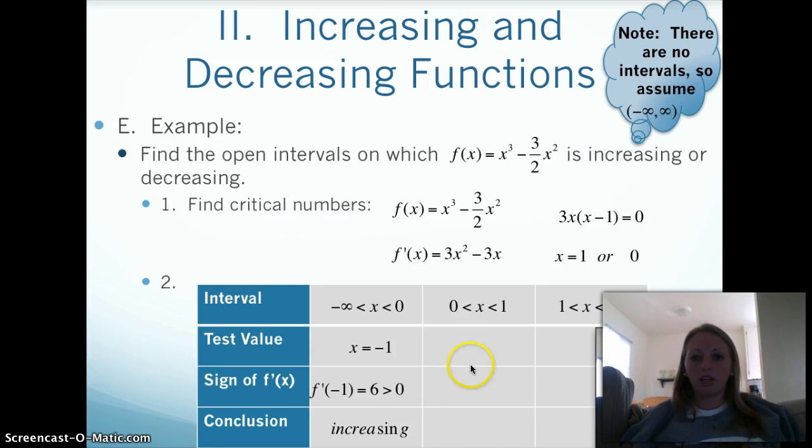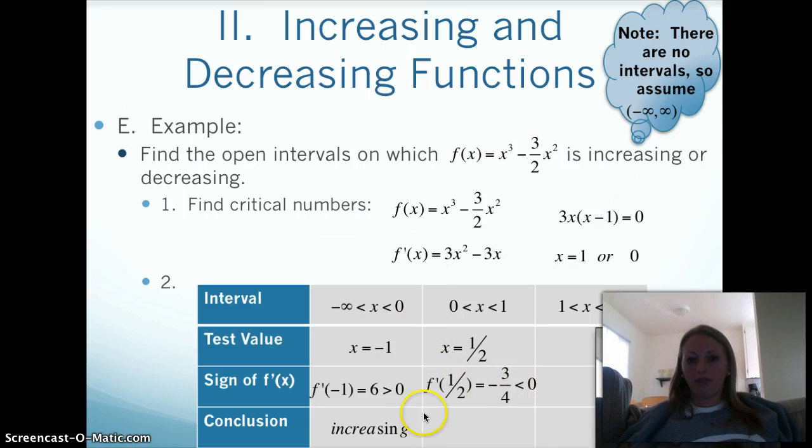You're going to do the same thing for the other intervals. Pick test values and plug them into the first derivative. I picked 1/2. Remember, you're plugging into the derivative, not into the original, because we're just seeing where it's increasing or decreasing. f prime of 1/2 is negative 3/4, which is less than 0, which tells me it is decreasing between 0 and 1.